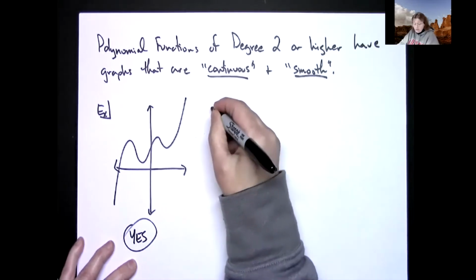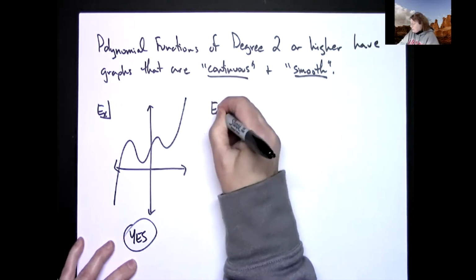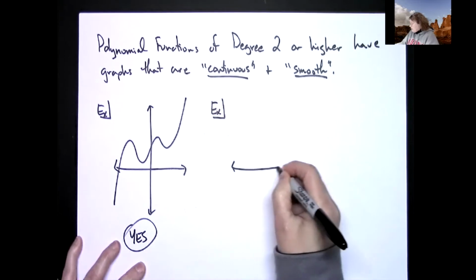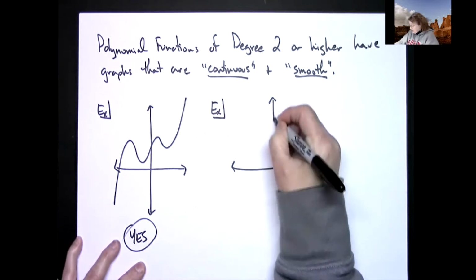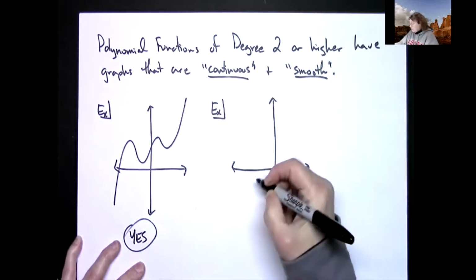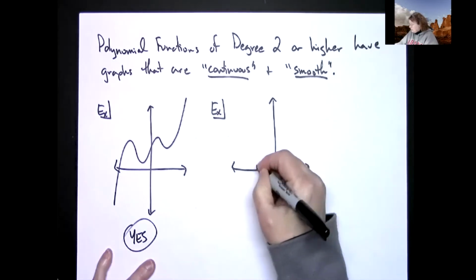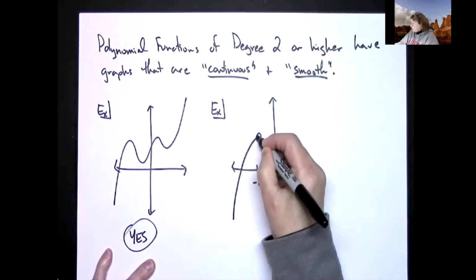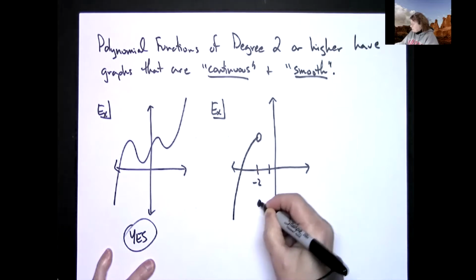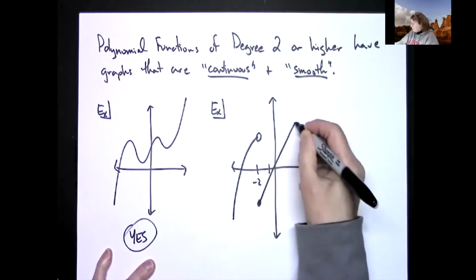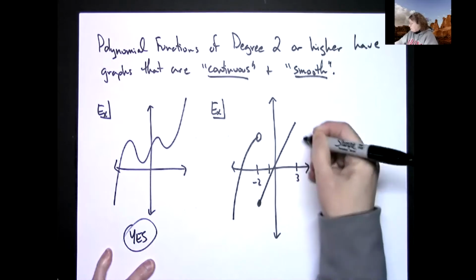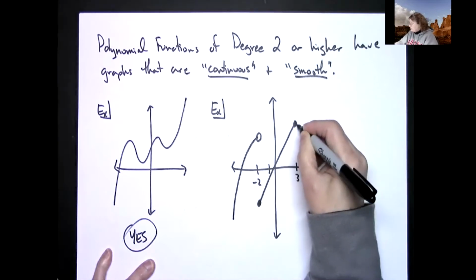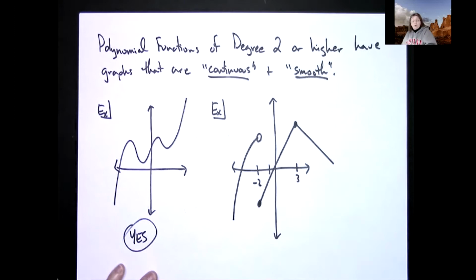Now if I had drawn something like this, we'll try to get this all in the same one. If I would have drawn something like that, obviously you watched me draw it.